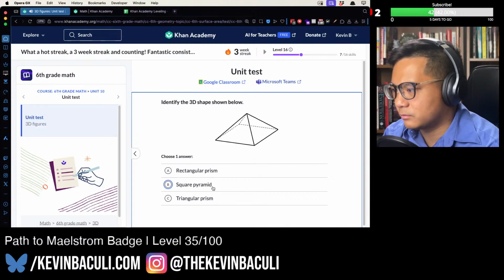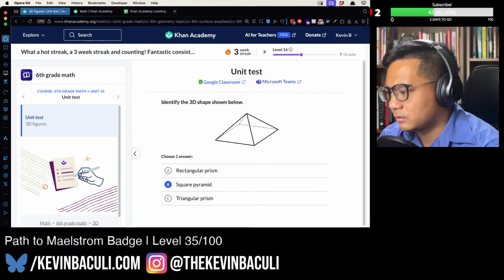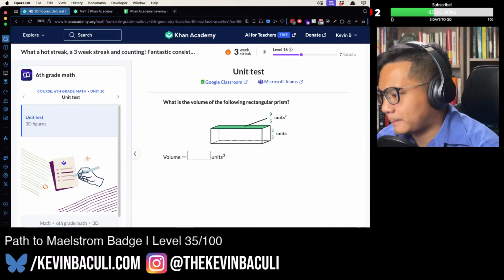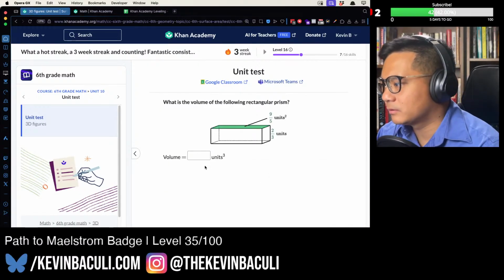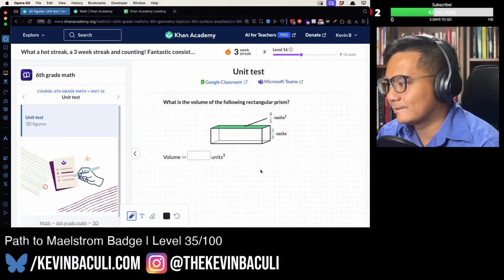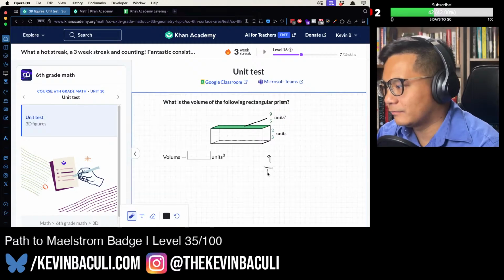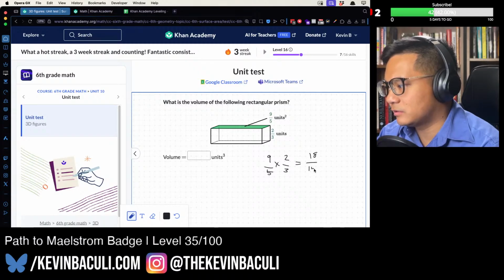Rectangular prism, square pyramid. Is the volume? Times 2/3, 18/15, or 1 and a 5th.